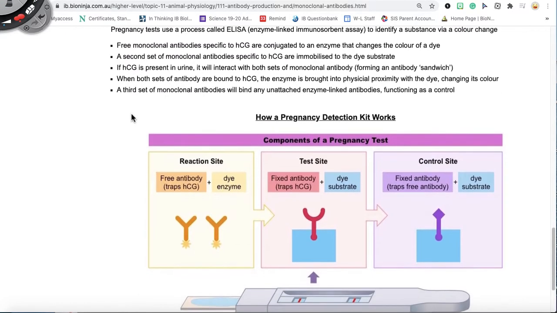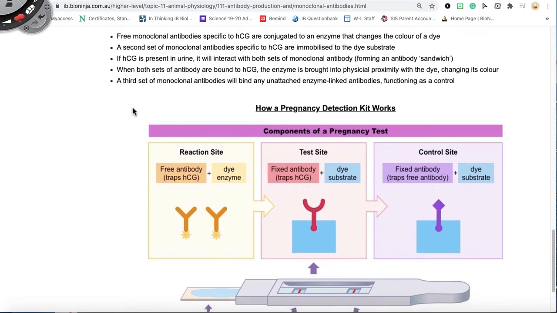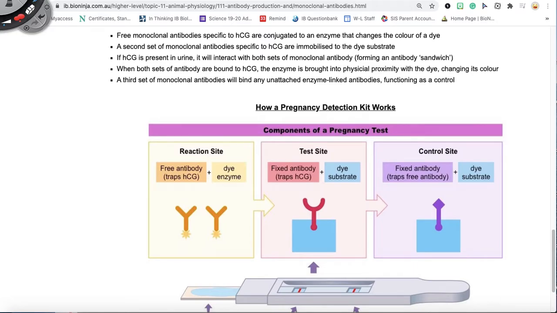So let's see how these tests work. Free monoclonal antibodies specific to HCG are conjugated to an enzyme that changes the color of a dye. Here we see the pregnancy stick, and here there is a portion of the stick that you pull out, called the reaction site.